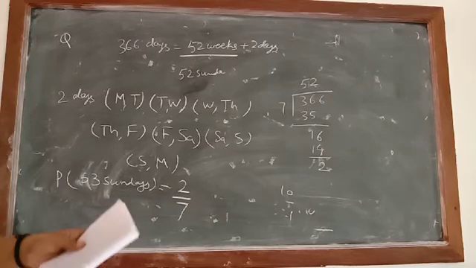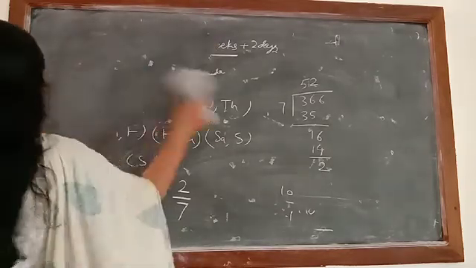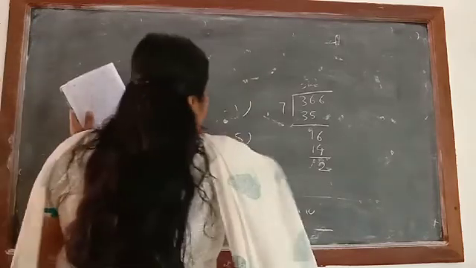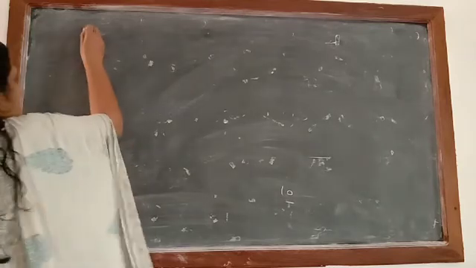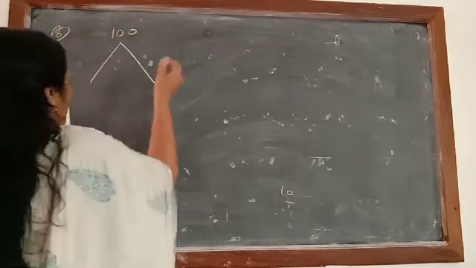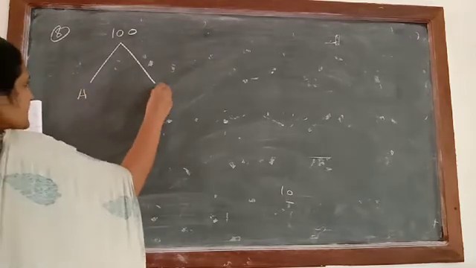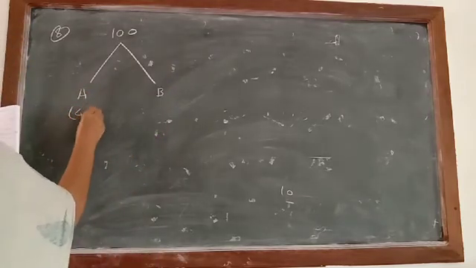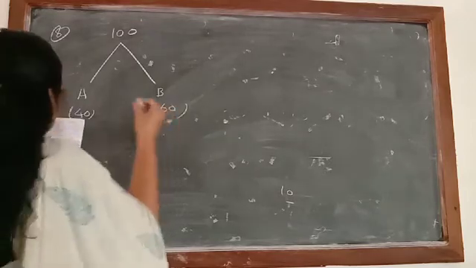Now in the next question it is written: out of 100 students, 2 sections of 40 and 60 are to be formed. So total 100 students are there. Out of 100, we have to make 2 sections, A and B, containing 40 students and 60 students.